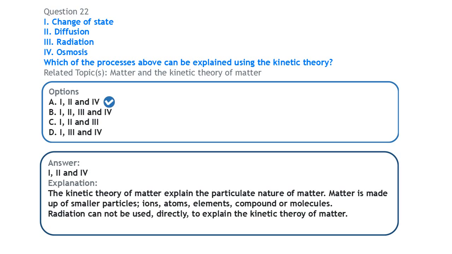We can also use it to explain diffusion and osmosis, because in all of these you can see that they have to do with particles. But radiation has to do with an electromagnetic wave. We cannot explain that using the kinetic theory of matter. So that is out. So we only have I and IV.